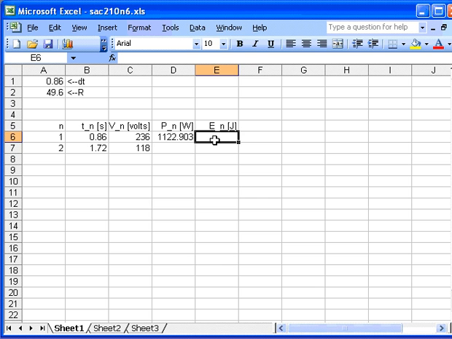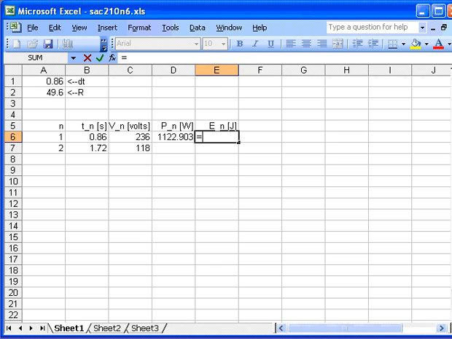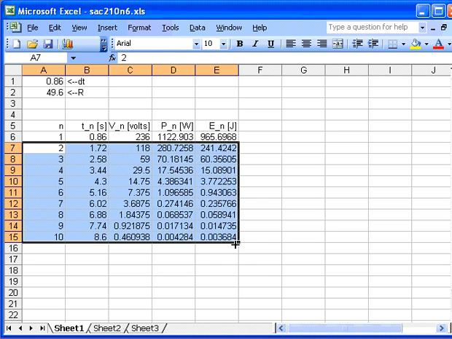And then this is equal to the power times the time interval, P delta T. So it'll be the power times the time interval that is up here, $A$1. These guys can just be copied down. Now I can copy this whole thing down. I need 10 of them.